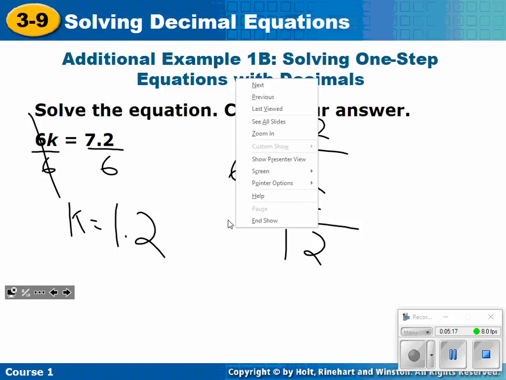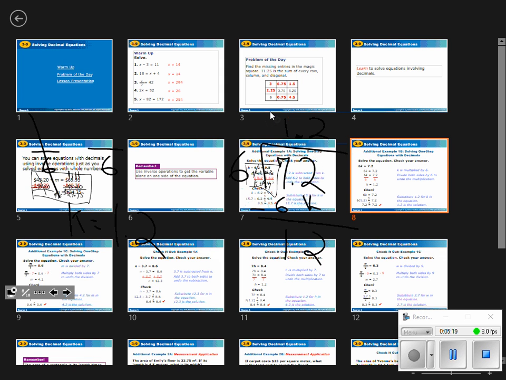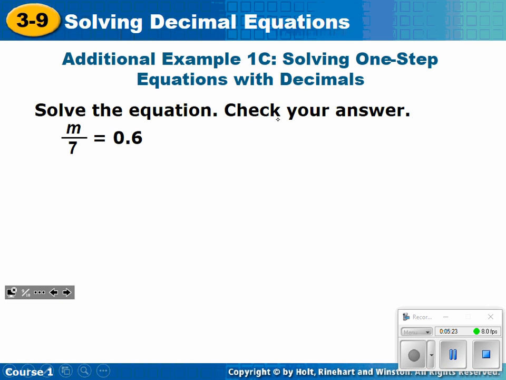Let's look at one more, maybe two. What's happening to the letter in this one? It's being divided by 7. What's the exact opposite of divide by 7? Times 7 here, times 7 here. That goes away. We're left with m equals.